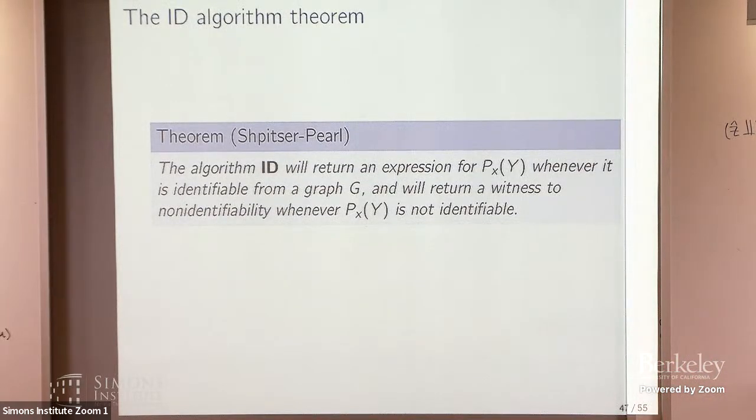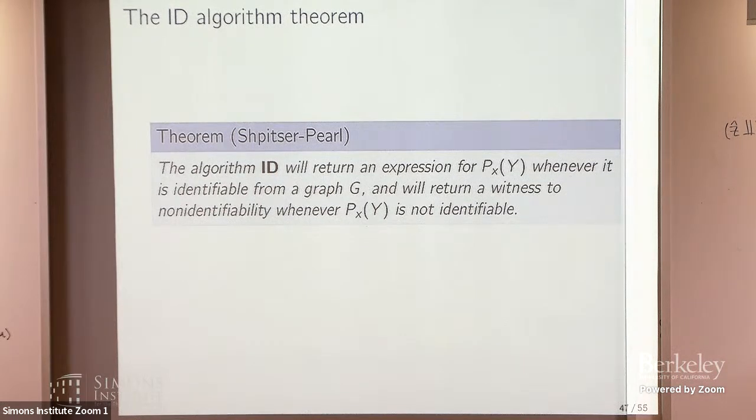And so the Shpitser-Pearl algorithm, which again is not the only identification algorithm, in particular, there was a contemporaneous result by Wang and Valtorta that was essentially the same, though the algorithm looked very different. And there have been a lot of different algorithms since then. They have an algorithm, ID, which will do one of two things.